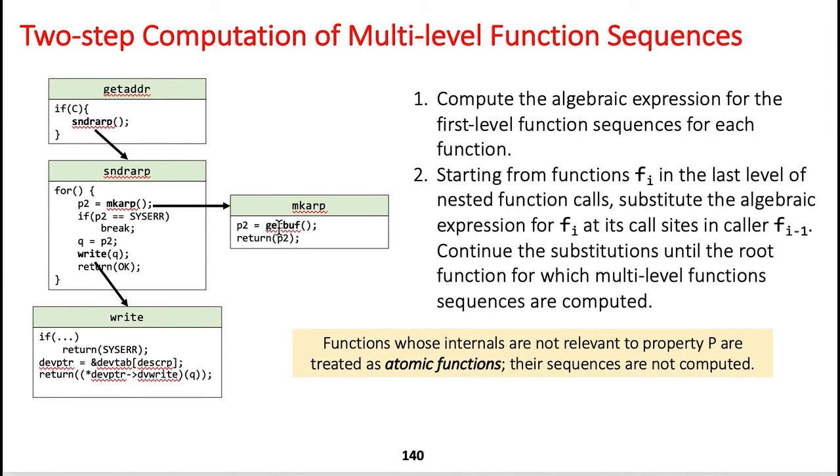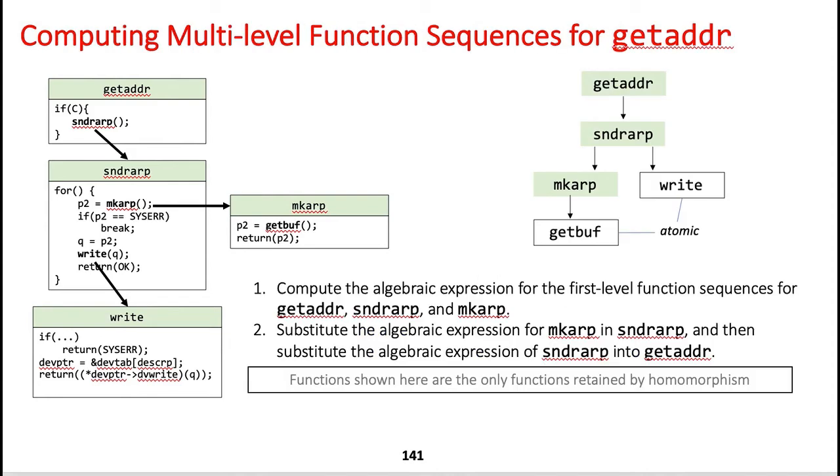We don't really need to analyze the functions which are called from getBuff, because after all, we are trying to match getBuff with freeBuff. We are not concerned with what happens inside getBuff. So here is a call graph that tells us that getAddress calls sndArp, sndArp calls makeArp, and then getBuff and write are going to be treated as atomic functions.